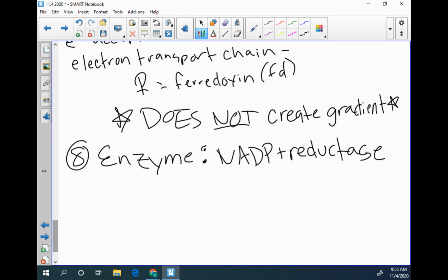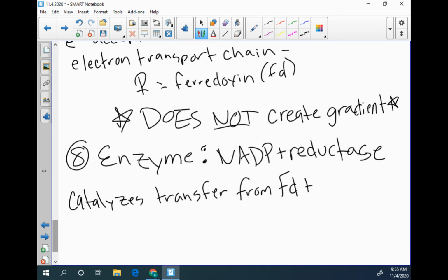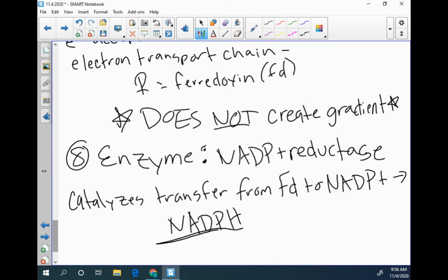So it catalyzes the transfer of electrons from ferredoxin to NADP plus to make NADPH. And that NADPH is what's going to go to the Calvin cycle.